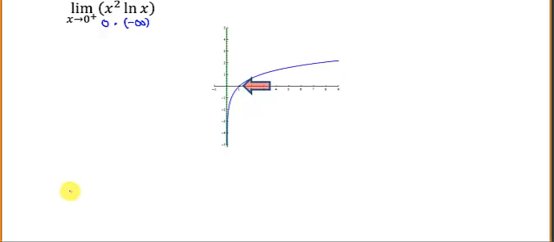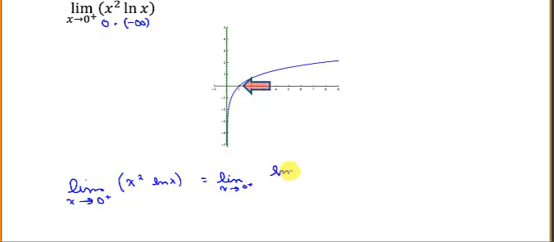So let's take this limit as x approaches 0 from the right of x squared times the natural log of x. And as I said, I'm going to divide by the reciprocal of x squared, I should say.